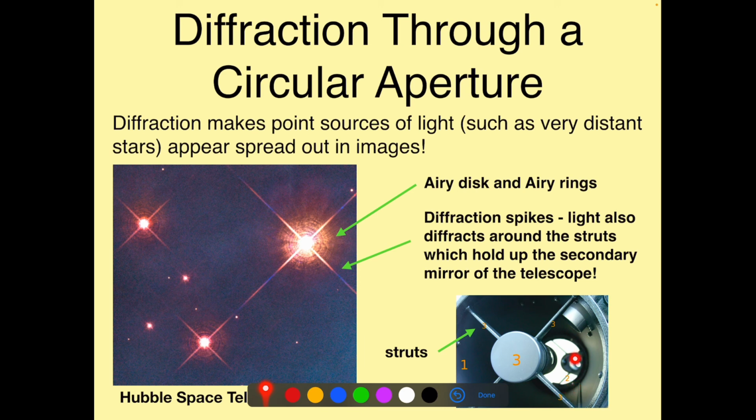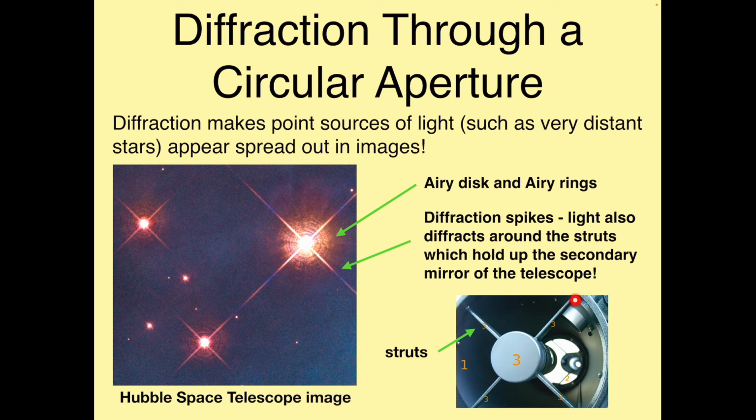It reflects off that towards the secondary mirror, which is right here, and then out through a small opening in the primary mirror where we can read it out using a CCD or an eyepiece or something like that. But the point is, the light has to go around the barriers that are presented by these struts holding up the secondary mirror.